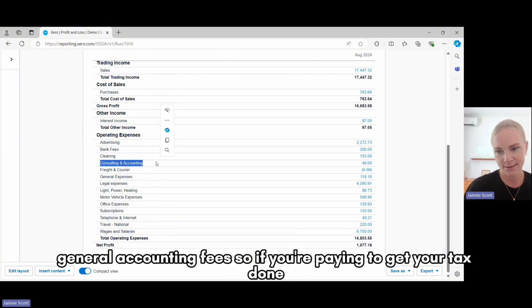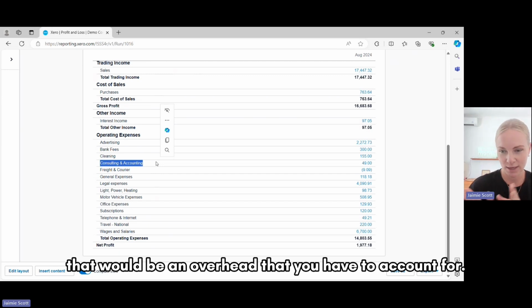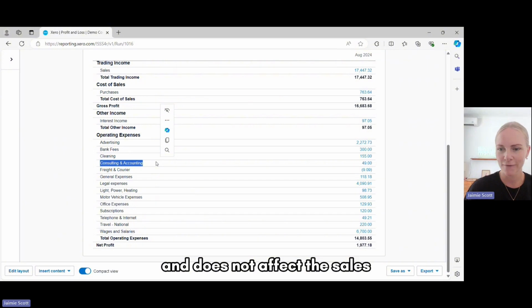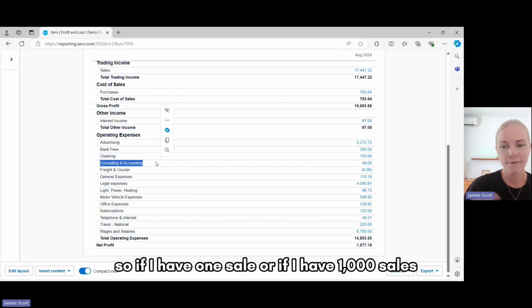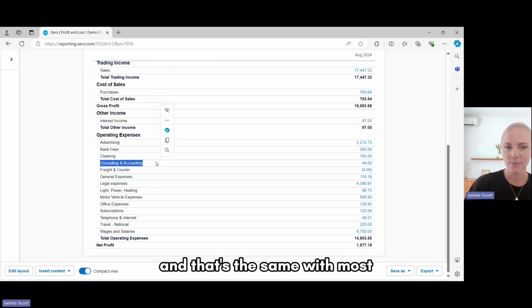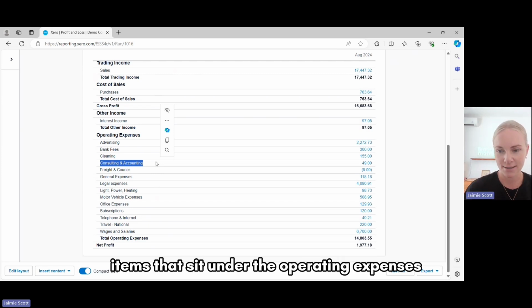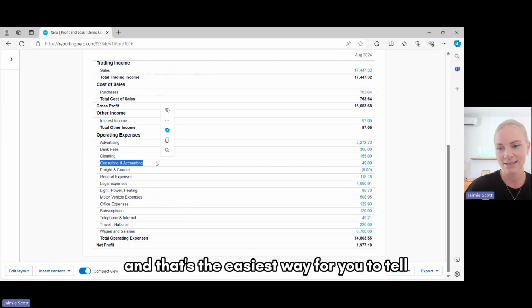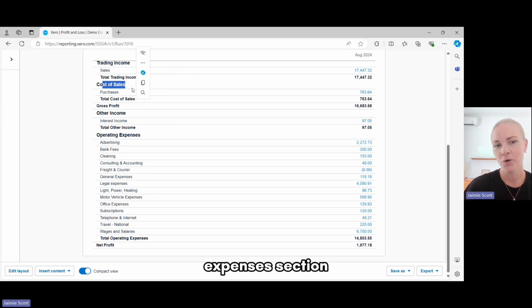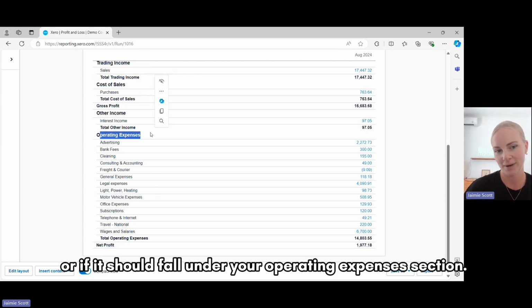So if you're paying to get your tax done, that would be an overhead that you have to account for, but something that does not affect the sales. So if I have 1 sale or if I have 1,000 sales, my accounting figure stays the same. And that's the same with most items that sit under the operating expenses. And that's the easiest way for you to tell if it should be up in your cost of sales section or if it should fall under your operating expenses section.